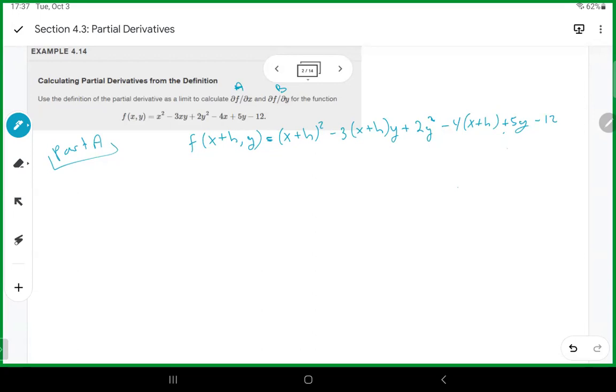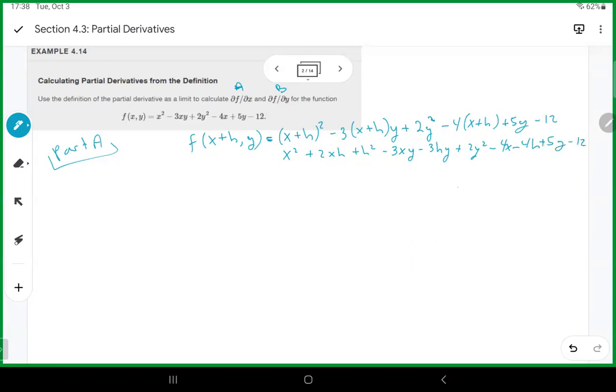And if you go through and bring everything together, you're going to end up with x squared plus 2xh plus h squared minus 3xy minus 3hy plus 2y squared minus 4x minus 4h plus 5y minus 12.